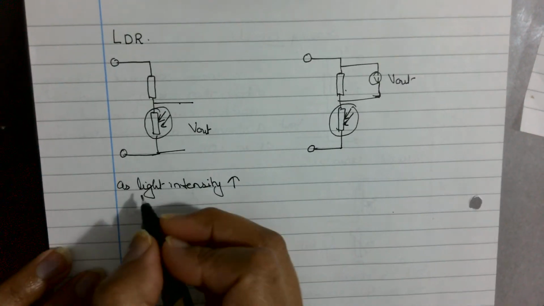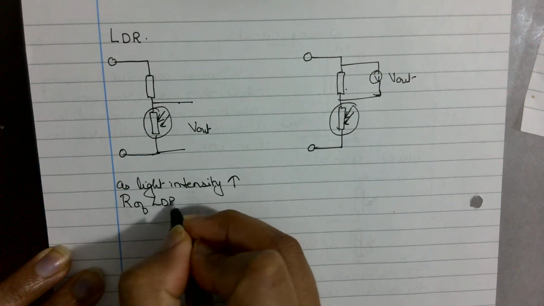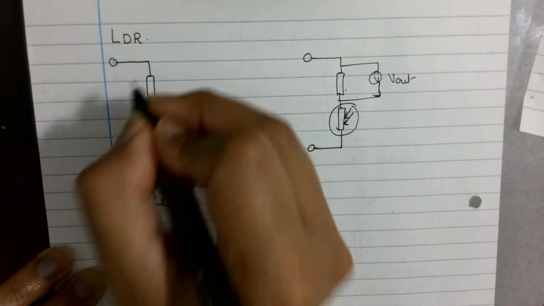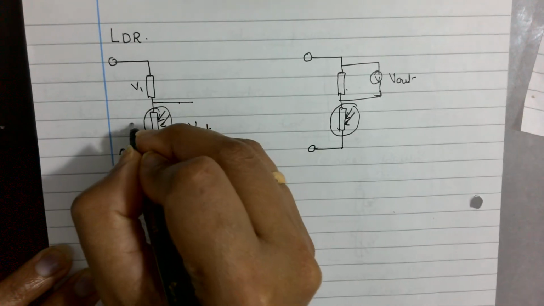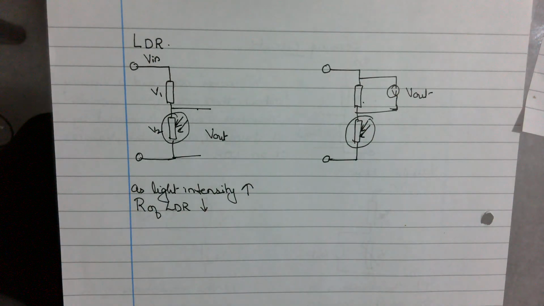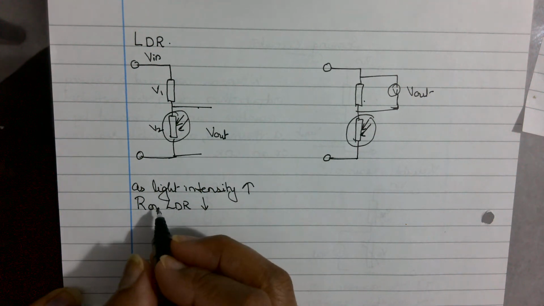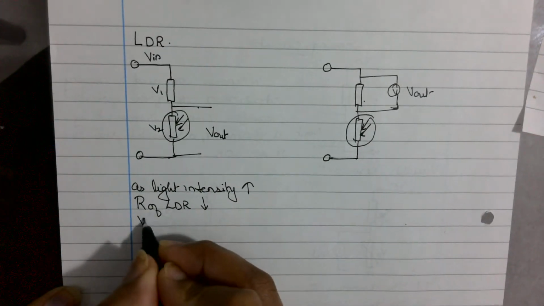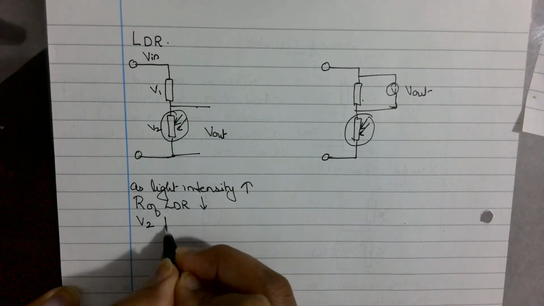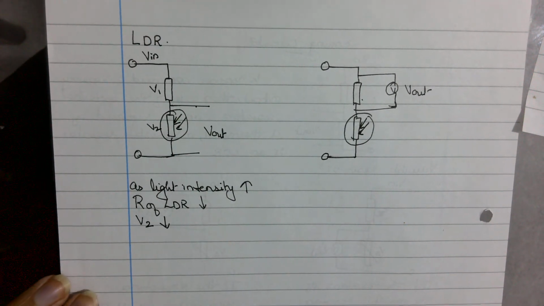So as light intensity increases, resistance of LDR decreases, and the output across it should also decrease. So this one is simple.